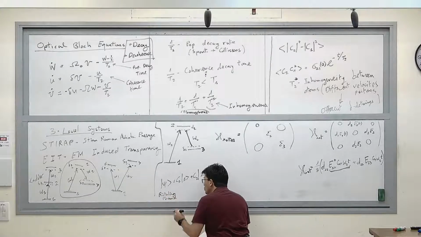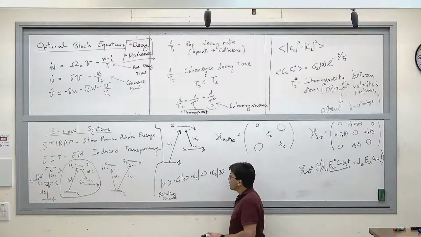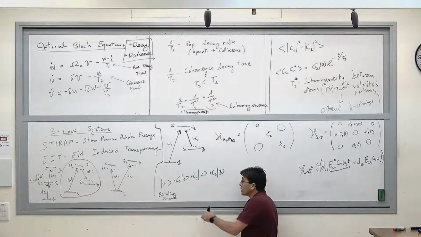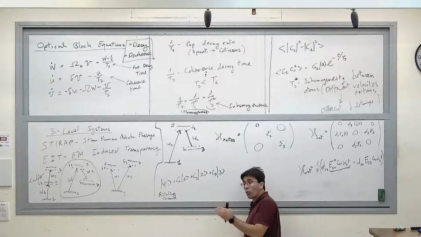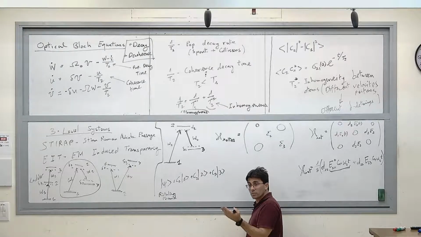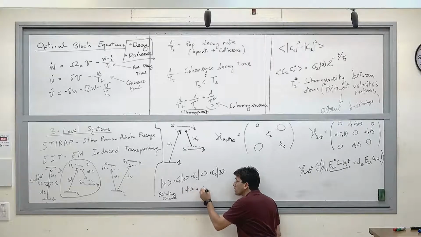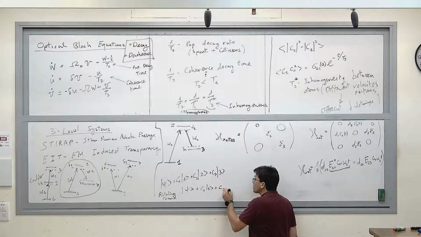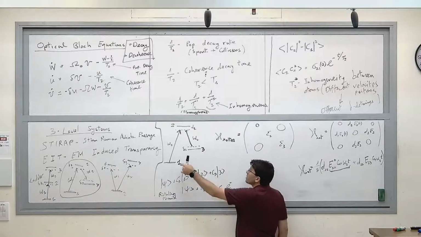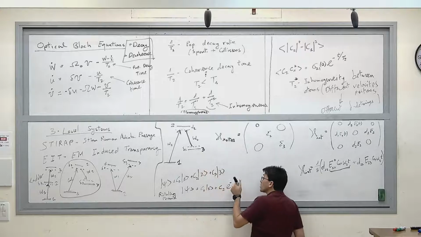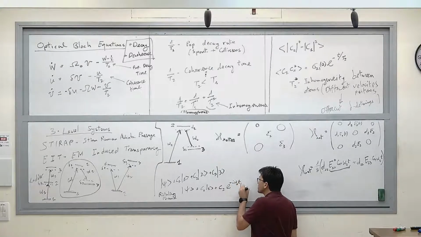Now, as you know, to move to a rotating frame only means that we decide that we acquire a phase at a different rate. So I can say, okay, this state is indeed C1 times 1. And then C2, I'll give it a phase. Which phase? There's a detuning here. So I'll write it just like this, e to the minus i omega 1 t, times 2.